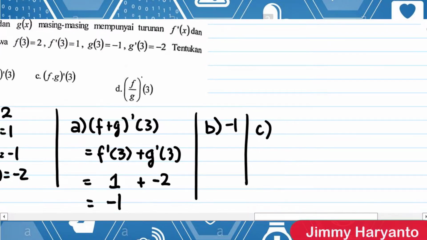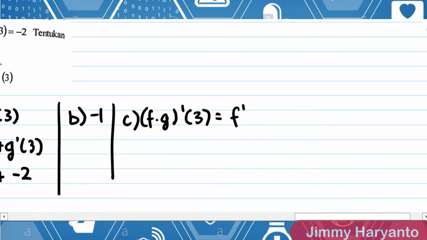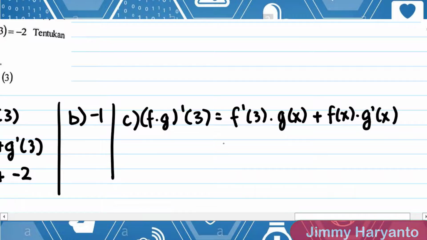And then c, for c it's multiplication. When it comes to multiplication, you cannot differentiate them one by one. So instead, we have to use the formula. The formula is (uv) accent, that means u accent v plus u times v accent. There you go.